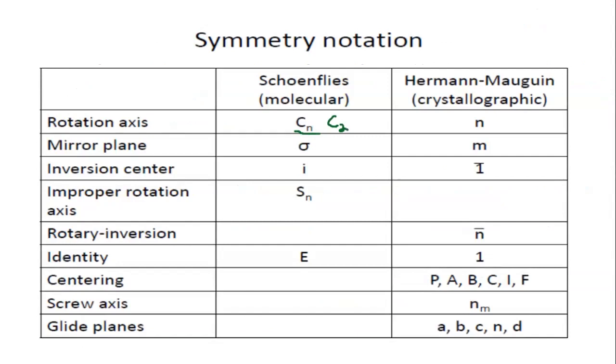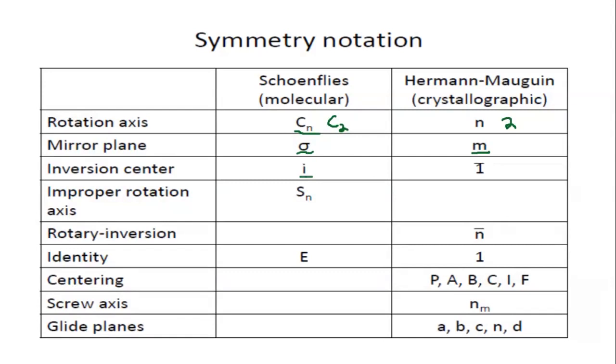However, with Hermann-Mauguin, when we have a twofold, we just write the number 2. That's a twofold rotation. And typically, as you'll see, you'll also include the axis about which you rotate. For mirror planes, for point symmetry, they use a sigma. For Hermann-Mauguin, we use an m.